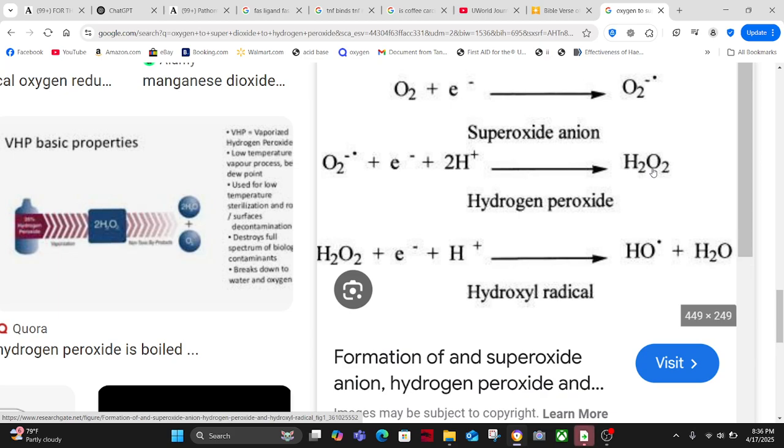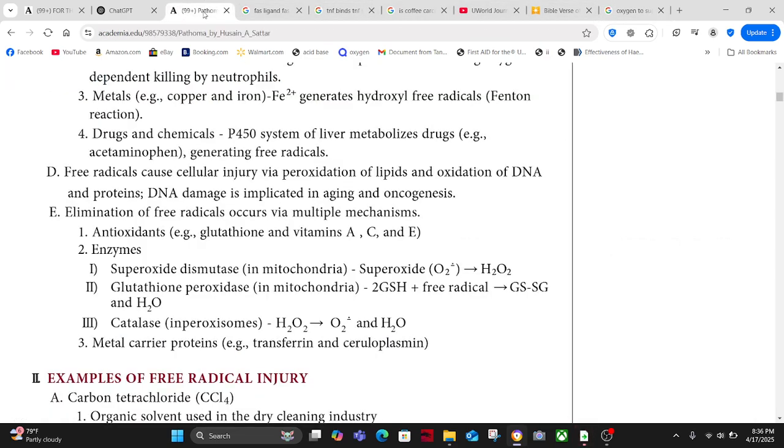I guess what they mean is you get water as the end product, because hydrogen peroxide is still a free radical.